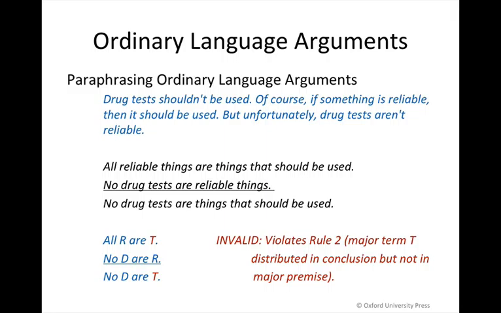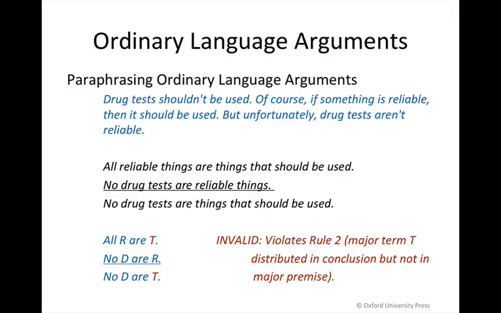Now look at the original. Drug tests shouldn't be used. Whenever you have an implicit, that is an unstated quantifier, you should think of a universal. There are exceptions, but it's almost always a universal that's implied when you have a sentence where a class of things is asserted without an explicit quantifier.